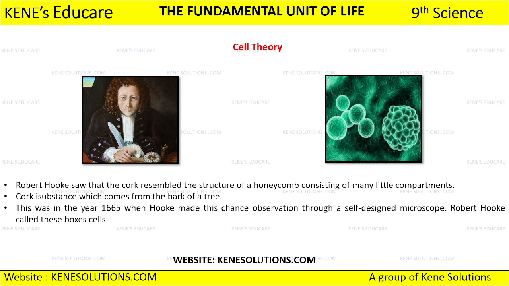This was in the year 1665 when Hooke made this chance observation through a self-designed microscope, and Robert Hooke called it a cell. Okay, so I want you all to please go through the cell theory once.